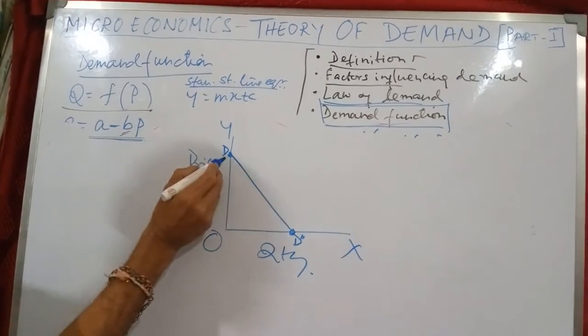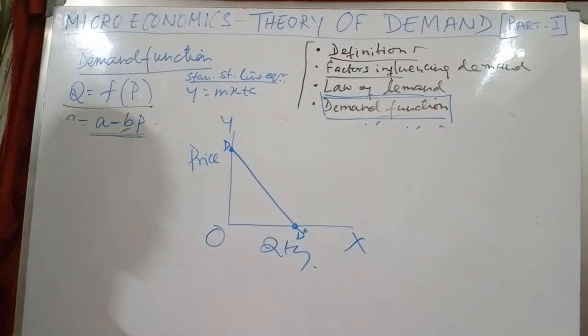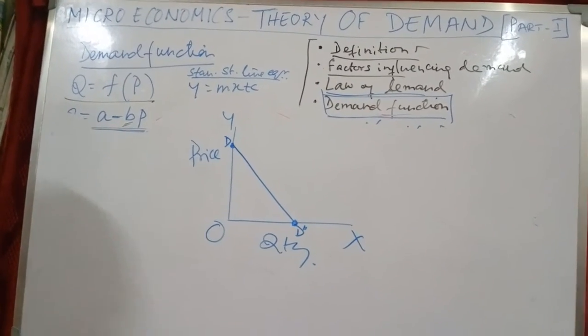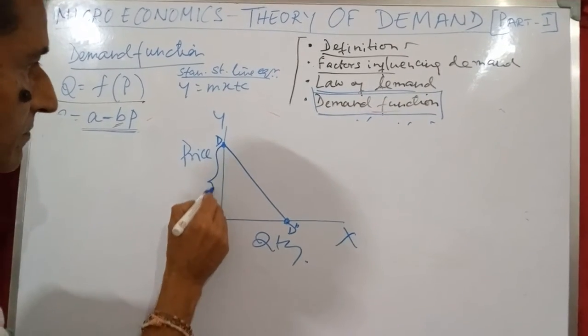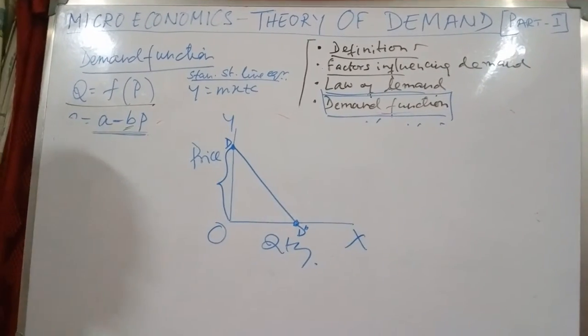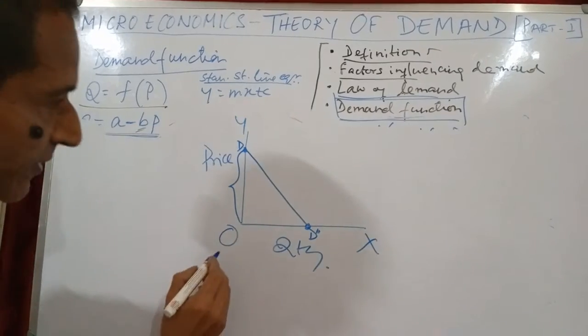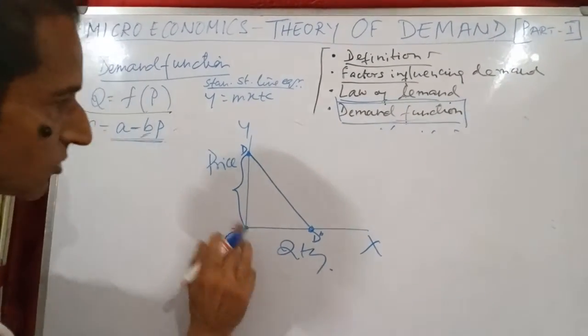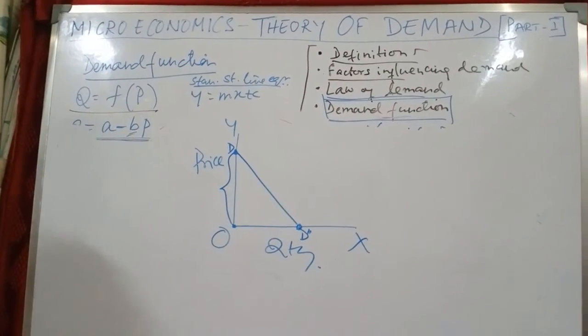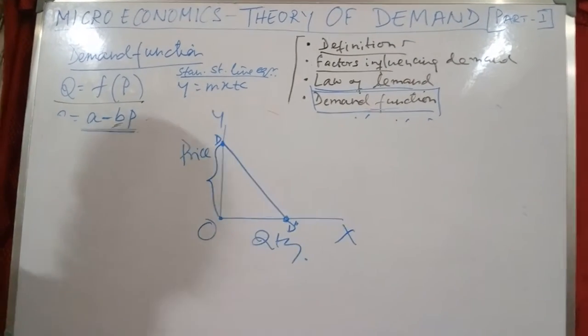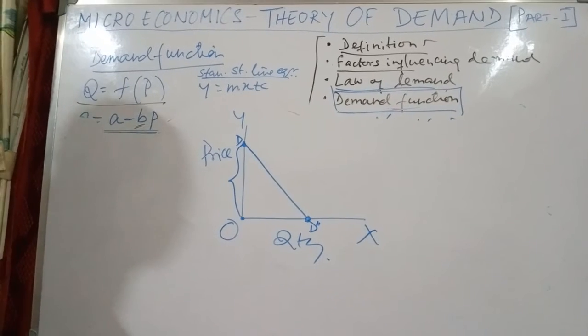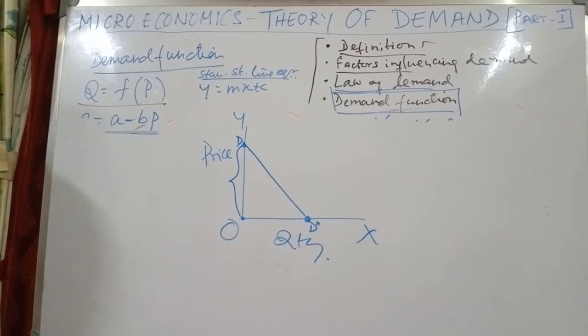Now what does this point D signify? Point D signifies that price is OD and the consumer is purchasing zero. Consumer is not purchasing anything. That means the price of the commodity is so high that no consumer is purchasing the commodity.